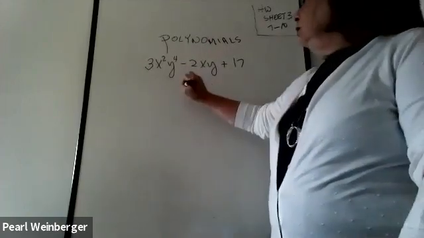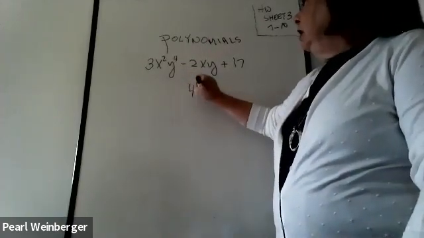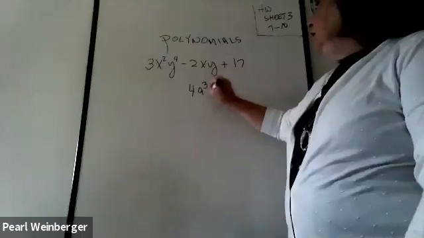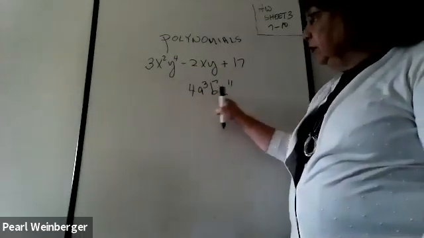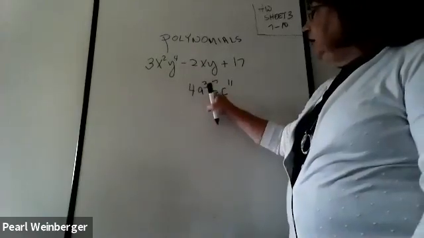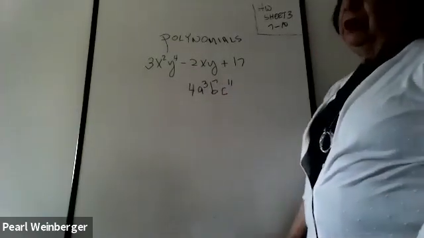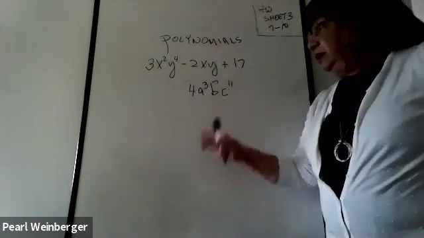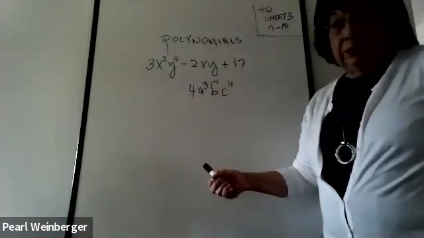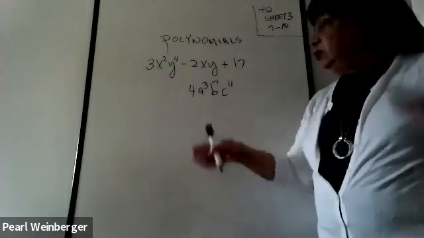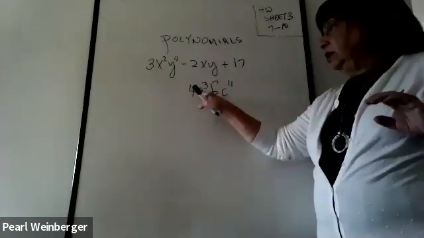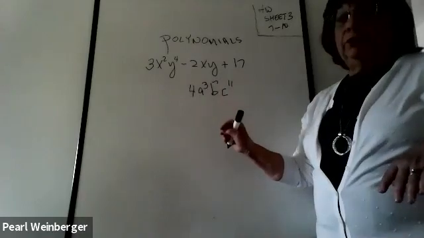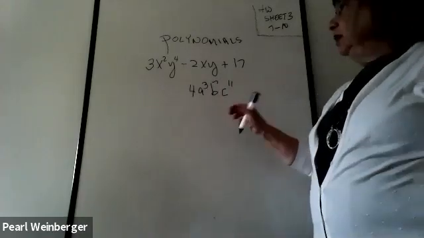If you have only 1 term, let's say if you have 4a cubed b to the 7th c to the 11th, this is a single term, even though there are a lot of letters in it. Everything is connected with multiplication. There's no addition, there's no subtraction, there's no division. Everything is connected with the operation of multiplication.